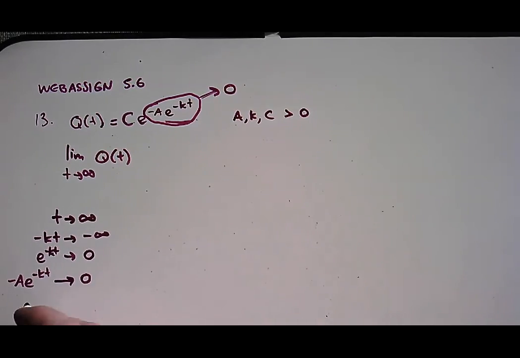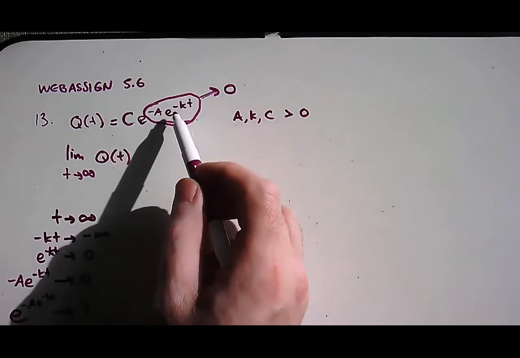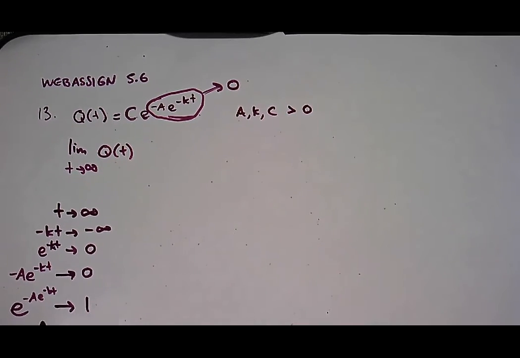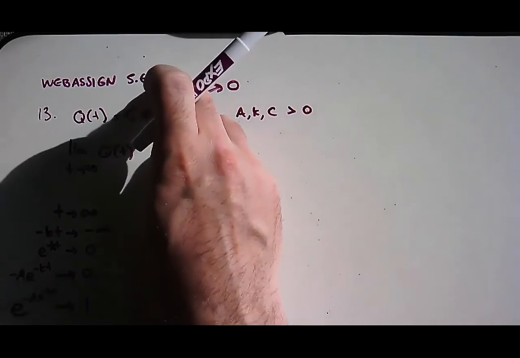Well then e raised to the negative a e to the negative kt, that's just e raised to our previous result. e to the 0th power would be 1. What we're saying is we just figured out that that whole exponent up here is headed to 0, so e to a power approaching 0 will approach 1. And then last piece here, we now have the entire exponential, including e.